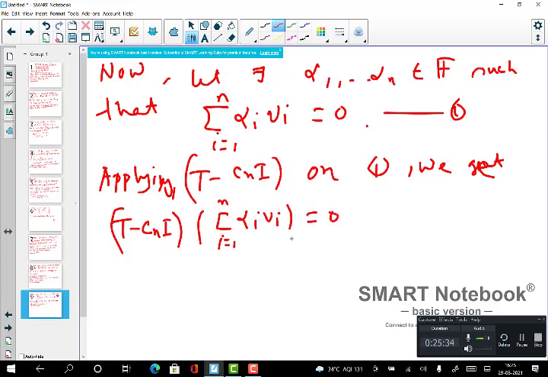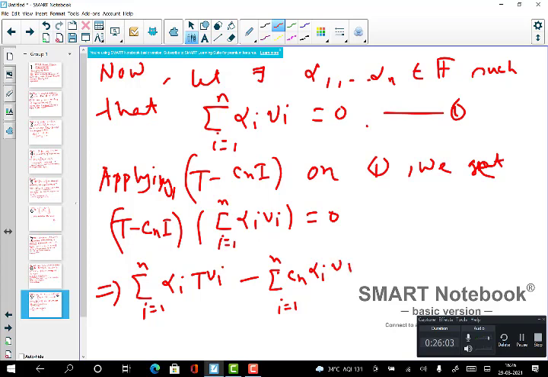Now for a linear operator you can write this as summation alpha i T vi, i equal to 1 to n, minus summation cn alpha i vi, i equal to 1 to n, where I is the identity operator.